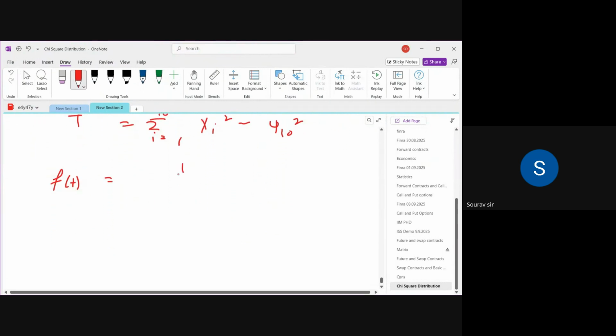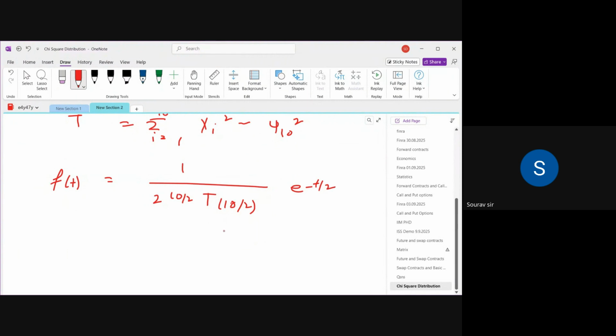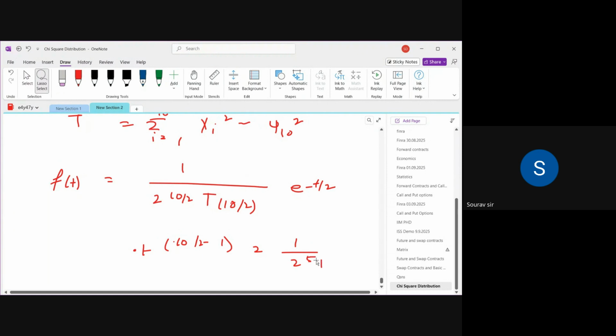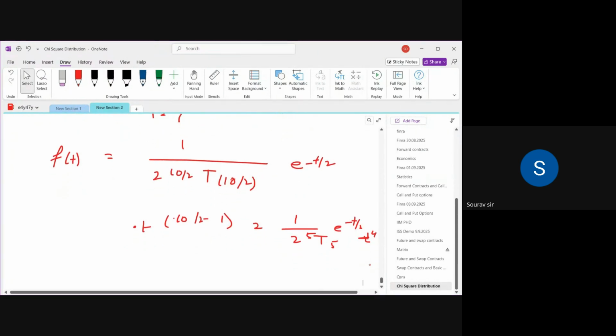So that is 1 by 2 to the power 10 by 2, gamma of 10 by 2, e to the power minus t by 2, t to the power 10 by 2 minus 1. So that is 1 by 2 to the power 5, gamma 5, e to the power minus t by 2, t to the power 4, where t is greater than 0.